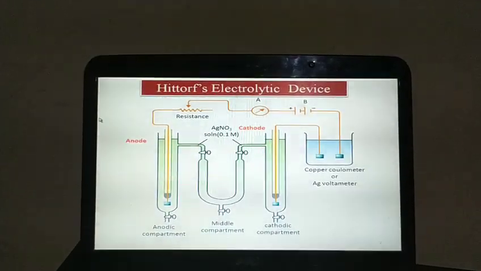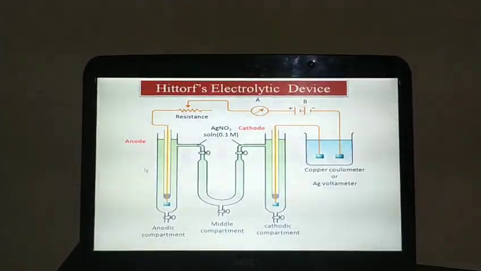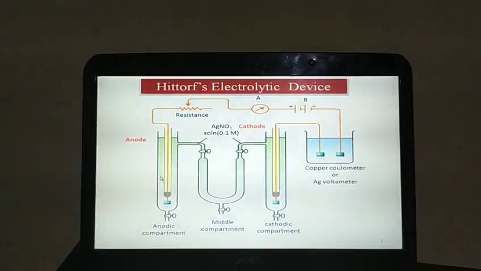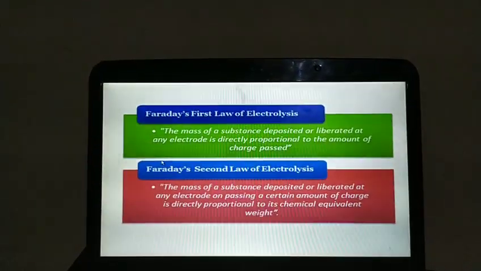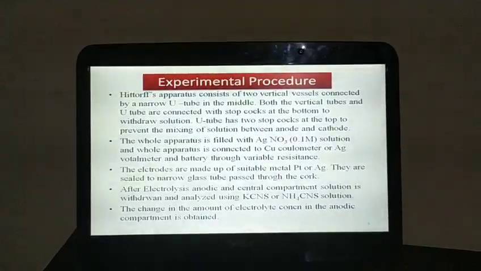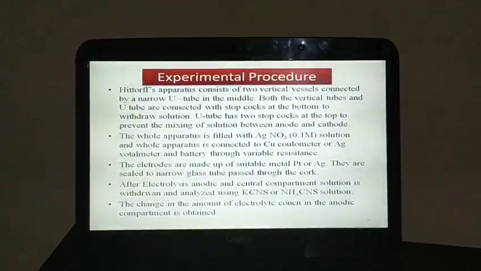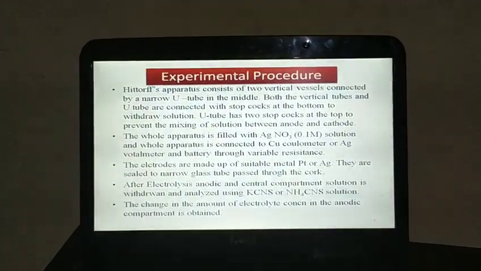Through this we can find out the change in concentration of Ag plus ions in the anode compartment. You can take a screenshot of the procedure. This is the experimental procedure.